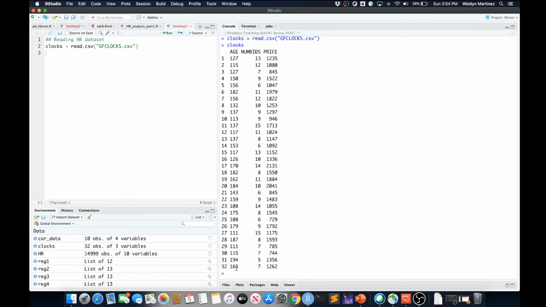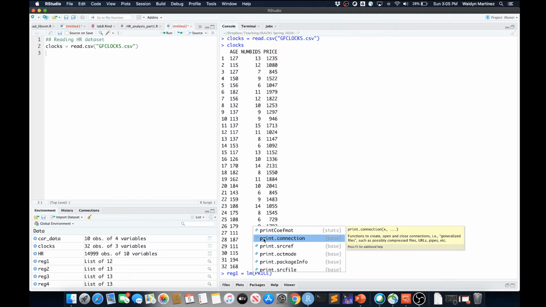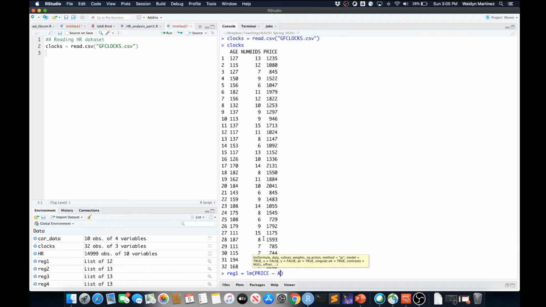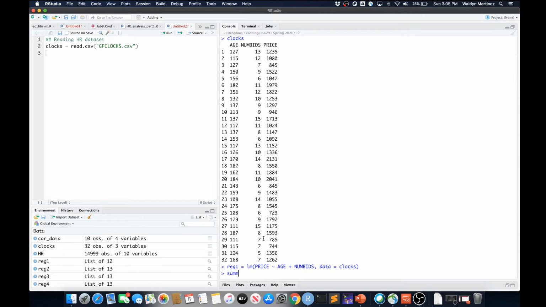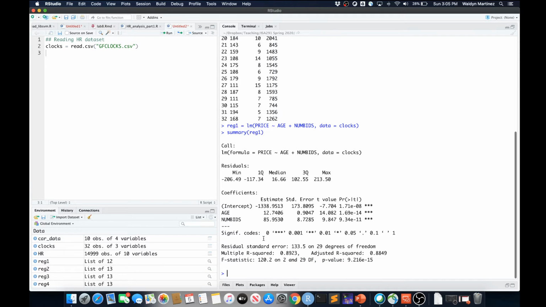Remember the regression that we created, let's call it regression 1: we used the price as the response, and both age and the number of bidders as predictors, and we call the data set clocks. Let me show the summary for this.